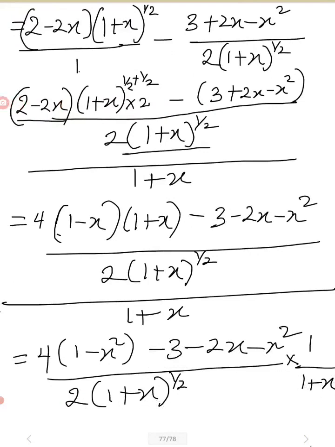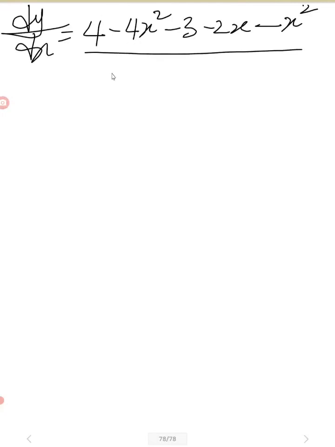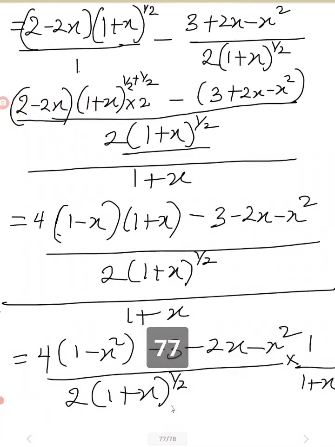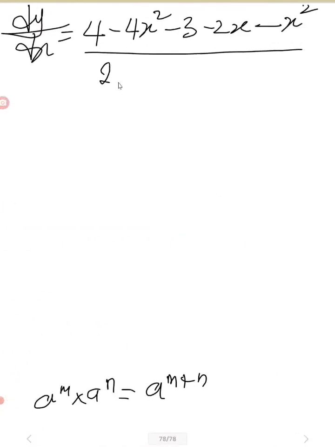So by the time you go back to this law of indices, it lets us know that a raised to power m multiplied by a raised to power n will give you a raised to power m plus n. So therefore, this will now be 2 onto 1 plus x all raised to power 3 over 2.